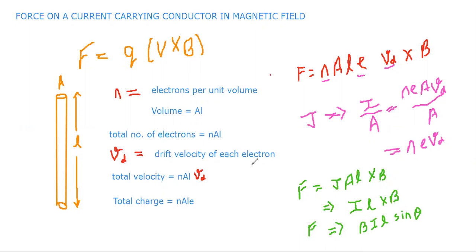When a charge enters a magnetic field, the formula is QVB sin theta.